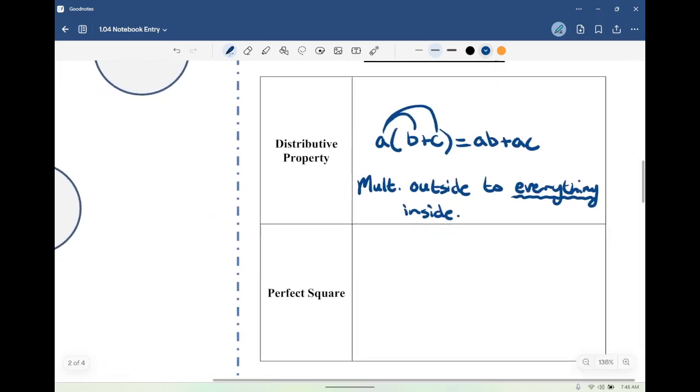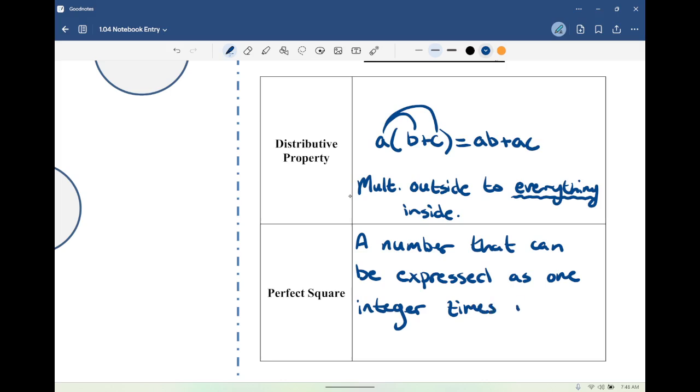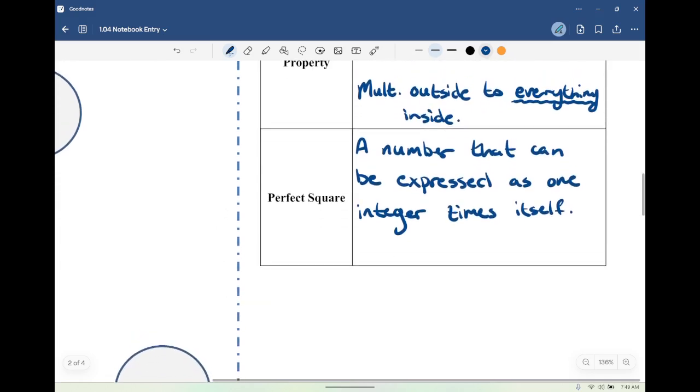Now, we're also including here perfect square. Perfect square is what we are going to need for float. A perfect square is simply a number that can be expressed as one integer times itself.